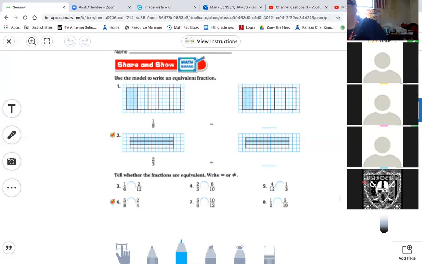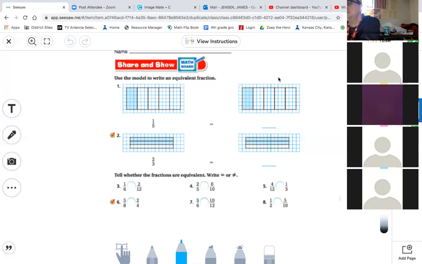Tell me one thing we could do to this picture here. Split it in half. Okay, make a line right down the middle, says Hallie. So like this.